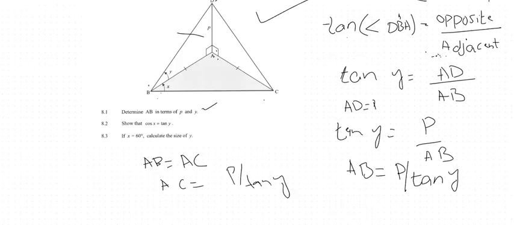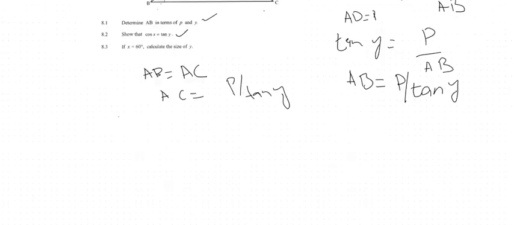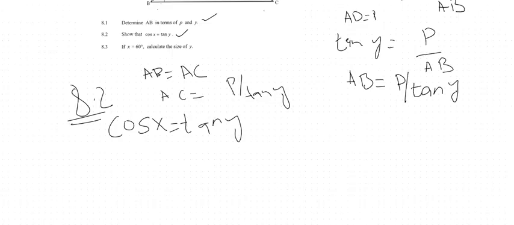So what is 8.2? Show that cos x equals tan y. Now we have to solve question 8.2. This part requires us to connect the two variables x and y.